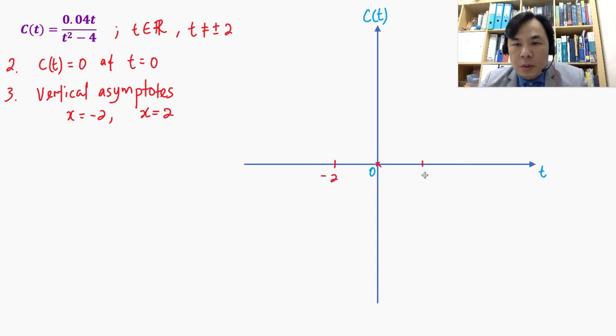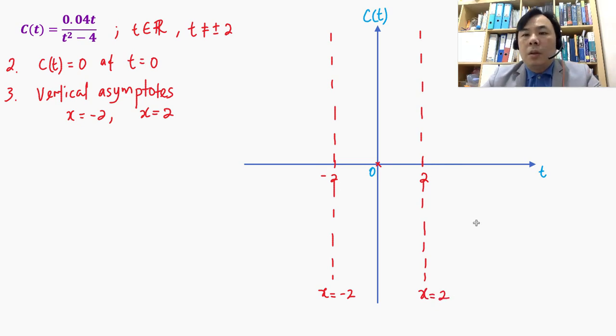So maybe this one is a 2, for instance. So I'm going to label this vertical asymptote. Just a rough sketch. So x equal to -2, and then we have x equal to 2.